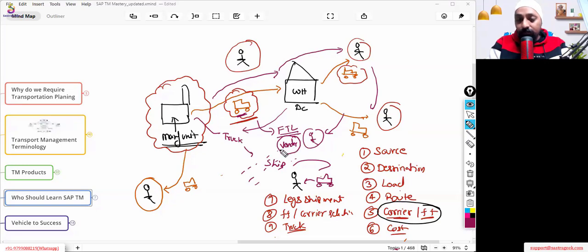Pick the material from this vendor and then come back to this manufacturing unit. Now that would be a complete route where you would be utilizing the full resource. It is going to the warehouse. From the warehouse, again, it is picking the full truckload. It is delivering to multiple customers, and when it is coming back, it is also bringing the material back from the vendor.